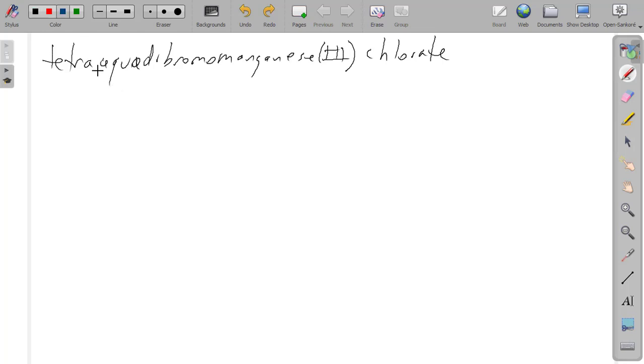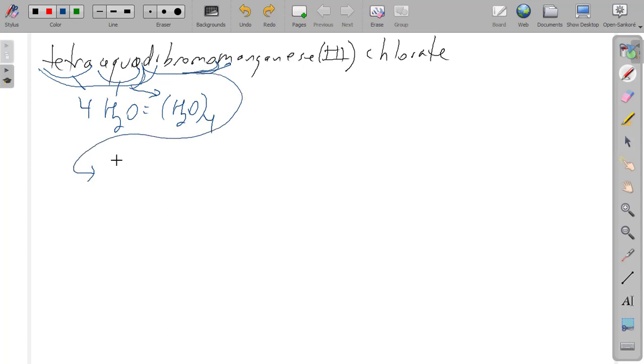let's take this apart. Aqua is H2O. Tetra is 4. So that's going to be H2O sub 4 as this piece then. Dibromo, then Br, and there's 2 of them, so that's going to be Br sub 2.